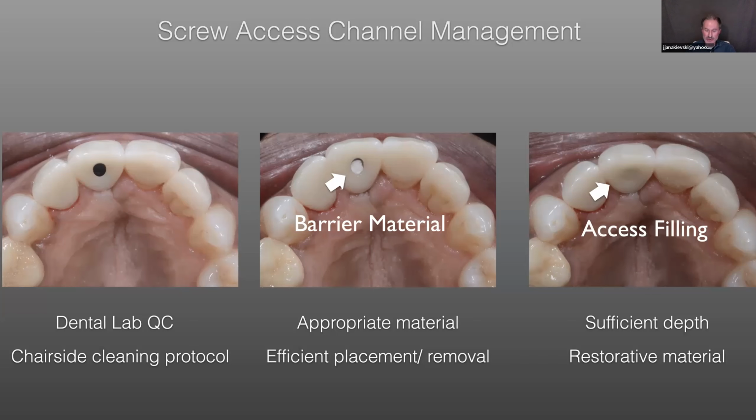I always ask the restorative dentists that I work with, what is your chairside cleaning protocol for your restoration prior to installation? Or do you just take it off the model and put it right into the mouth? If you do that, then you have a contaminated restoration, be it metal or solvent contamination on these screws and or restoration. So that's really the first step.